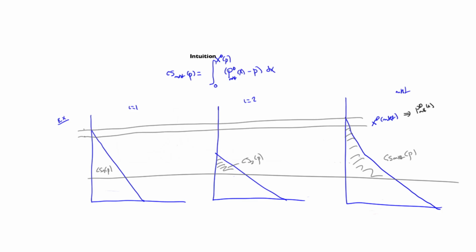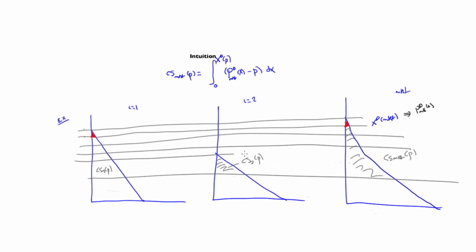So we're adding this red area over there. For the next lower price, we do the same. We keep doing it until we reach that point. So what we have done is add all of those red areas.